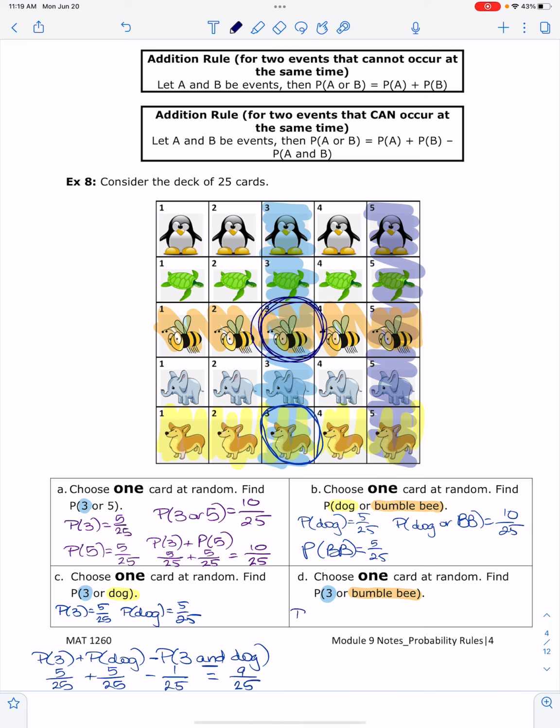So we're going to go with the probability of a 3 plus the probability of a bumblebee minus the probability that is the 3 of bumblebee. Again, we get 5 over 25 plus 5 over 25 minus the 1 card we have that is the 3 of bumblebee, and we get 9 over 25.